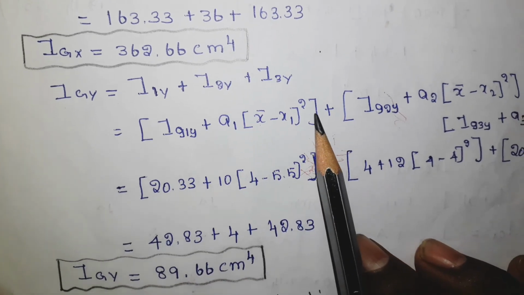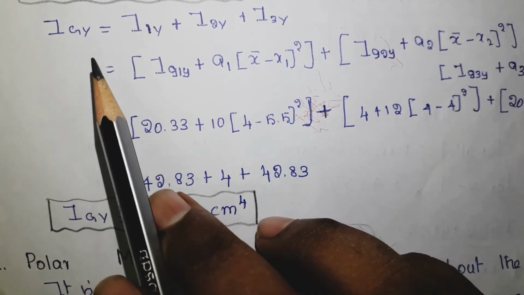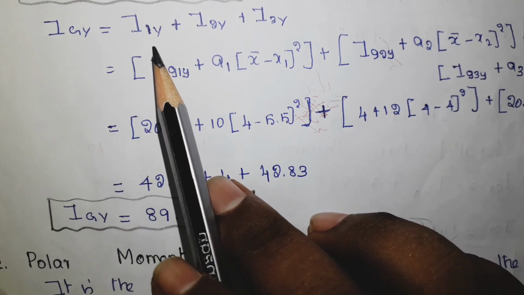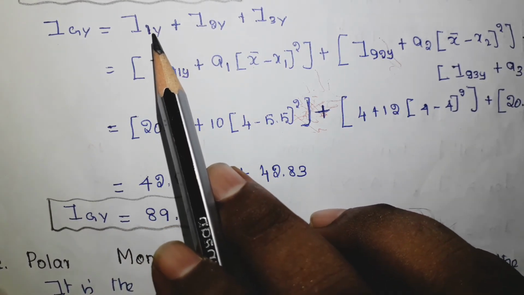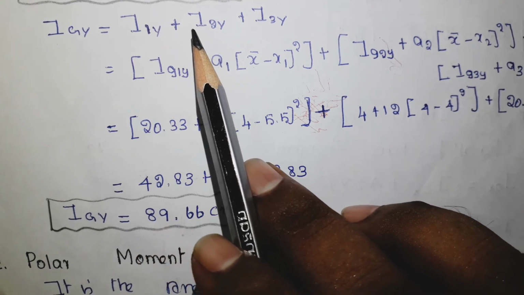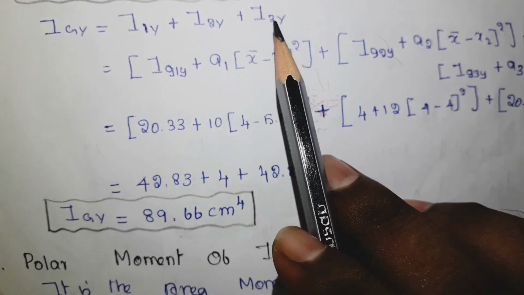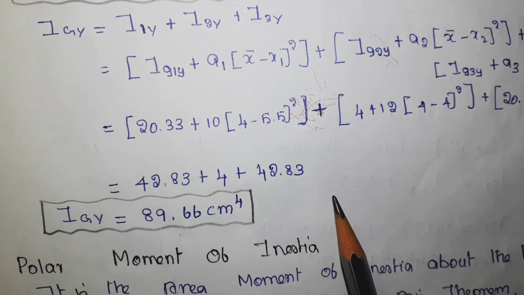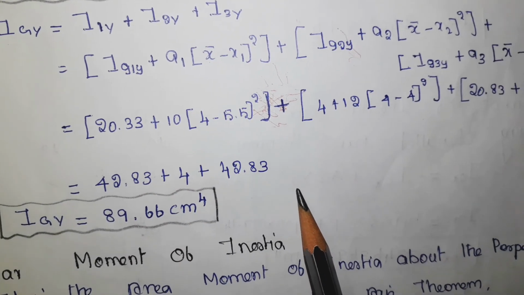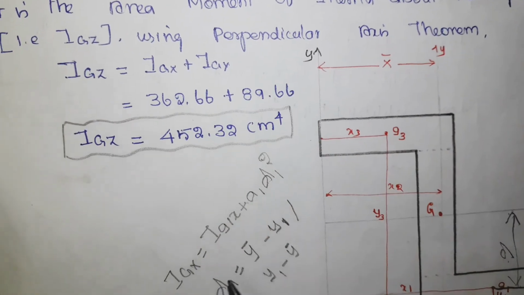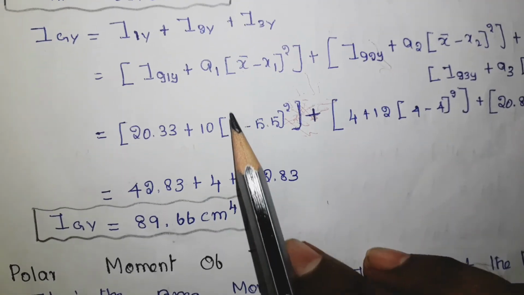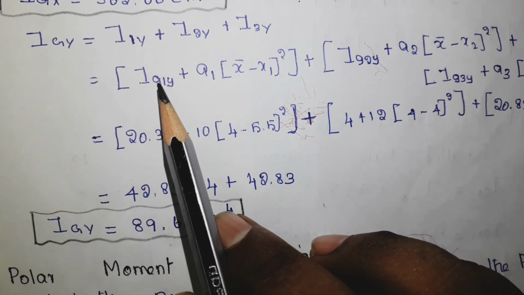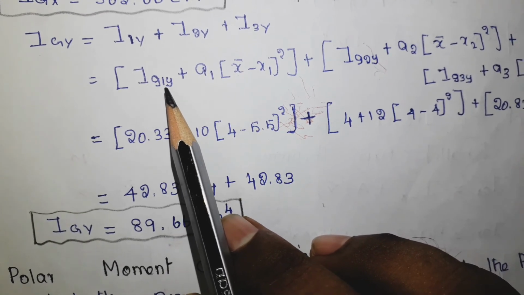Similarly for igy, the moment of inertia with respect to the centroidal y axis: I1y is for the first rectangle plus the second rectangle plus the third rectangle. When you add these three you will get the moment of inertia for the centroidal y axis. Now the same concept is used here, but in the place of ig1x, ig1y is used.